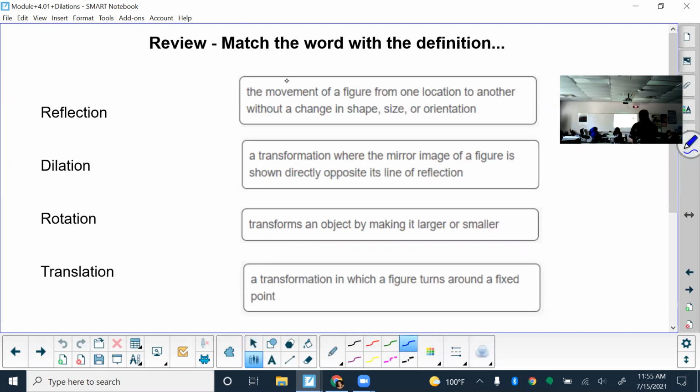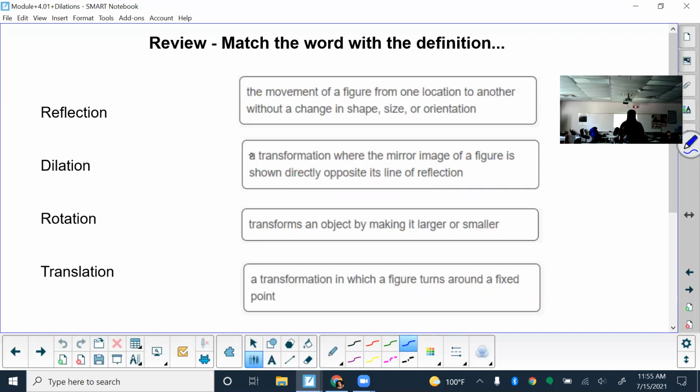So I usually go by definitions first. So we have the movement of a figure from one location to another without a change in shape, size, or orientation. All right, well, that can go for reflection, rotation, and translation. So I'm just going to skip that definition for right now. We have a transformation where the mirror image of a figure is shown directly opposite its line of reflection.